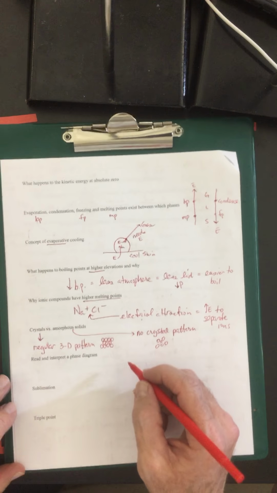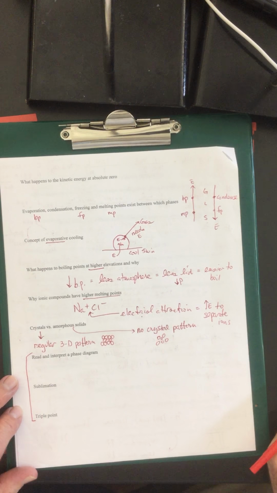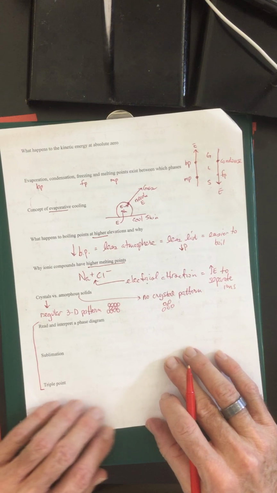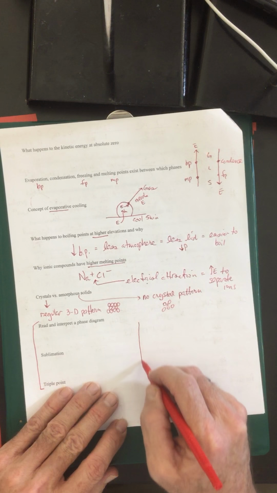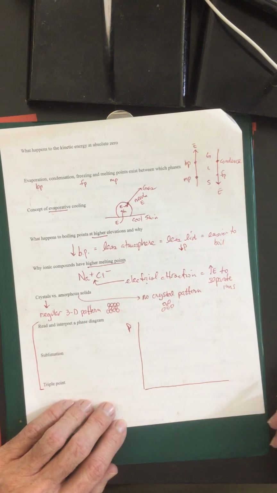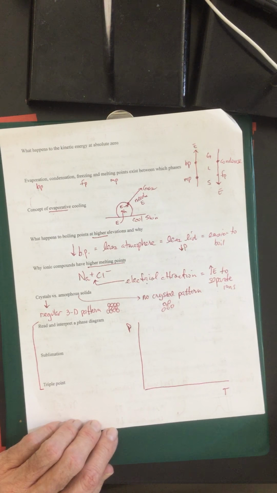Okay, all these next ones refer to a phase diagram. So can you read and interpret a phase diagram? We can use this space to draw a phase diagram. Pressure is over here, and temperature is on this graph right here.